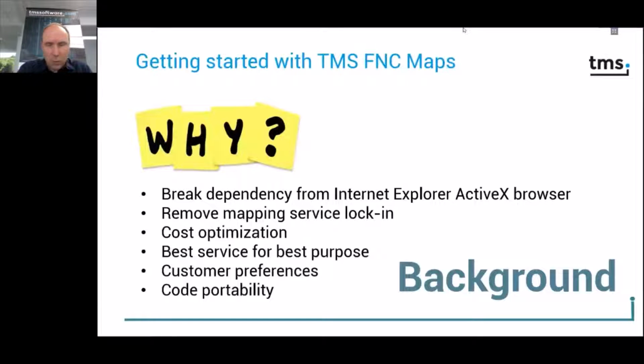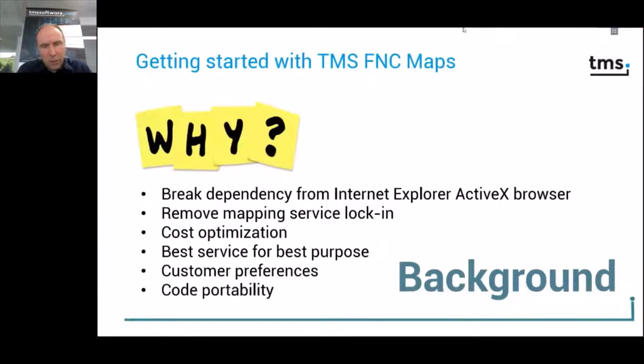And we thought it would be a good idea to remove that lock-in so that if for some reason you wanted to switch to another mapping service, this would take the minimum amount of effort. In this case, this minimum amount of effort is just switching a property setting.